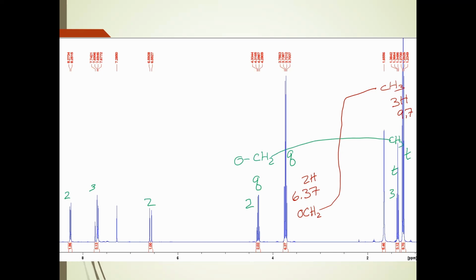So we have these 2 ethyl groups or 2 ethoxy groups. One matches with the peaks that we would expect in the rest of the compound. So the shorter ones would be part of the compound. The other 2 are something else.